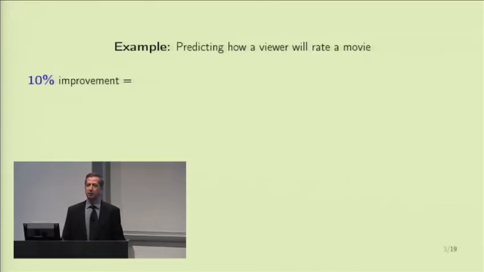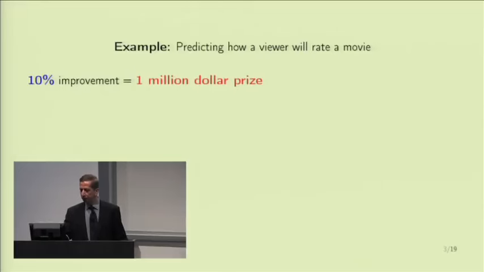So they make recommendations when you log in. They recommend movies that they think you will like, so they think that you'll rate them highly. And they had a system, and they wanted to improve the system. So how much is a 10% improvement in performance worth to the company? It was actually $1 million that was paid out to the first group that actually managed to get the 10% improvement.